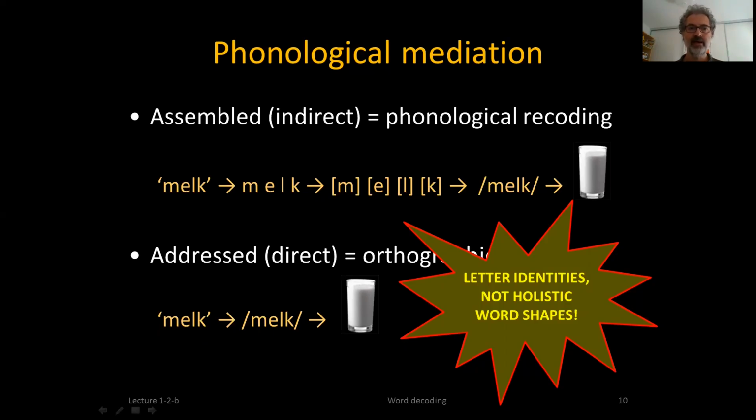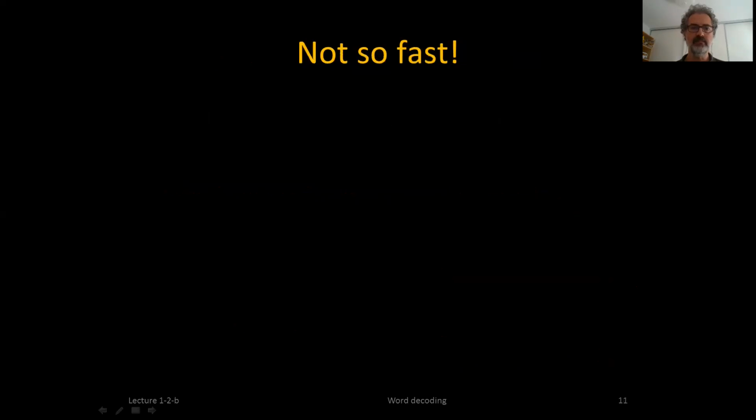Okay, so here we have two different ways of phonological mediation, two ways of decoding, one via letters to phonemes and one via whole word representations. Is that the whole story? Well, actually not. There are some complications.